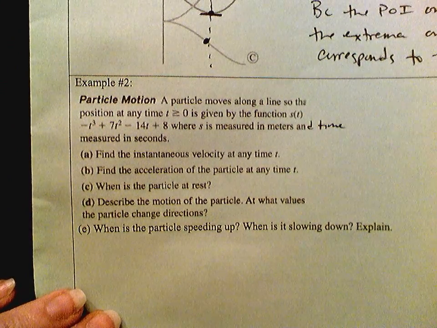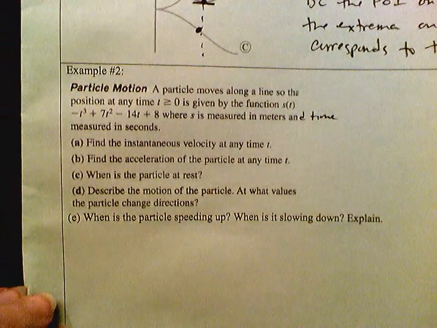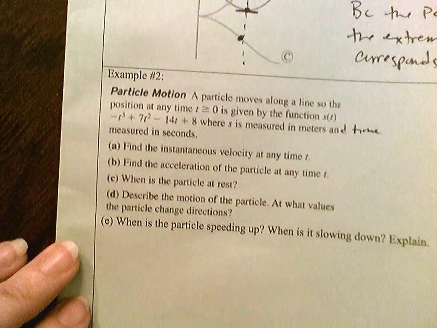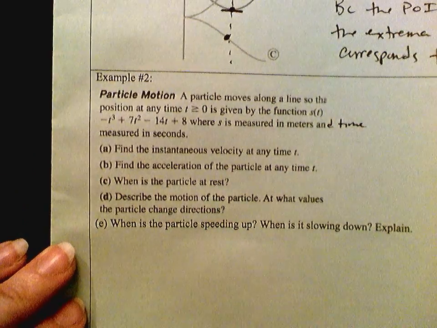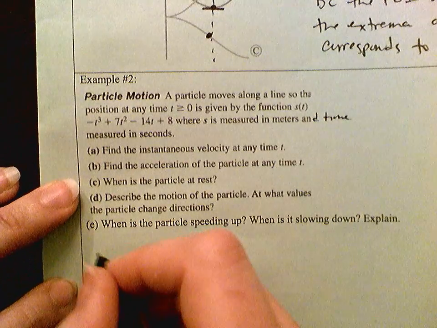So A, find the instantaneous velocity at time t. Guys, they didn't need to say instantaneous. If they just said velocity, you'd assume that it would be the instantaneous velocity or the instantaneous rate of change. They would say average if they meant average.